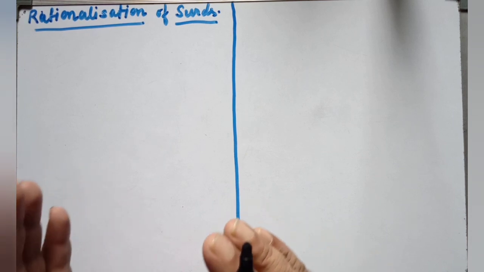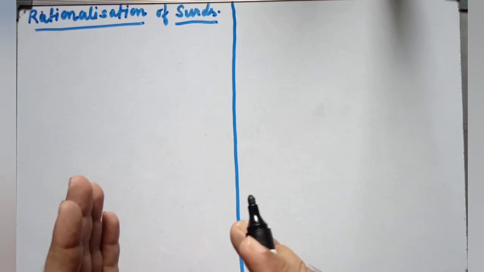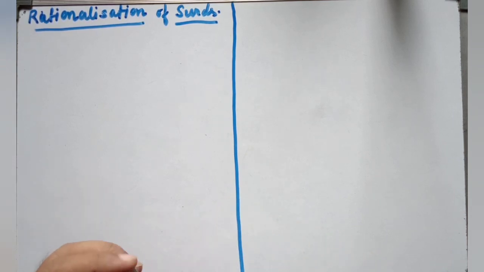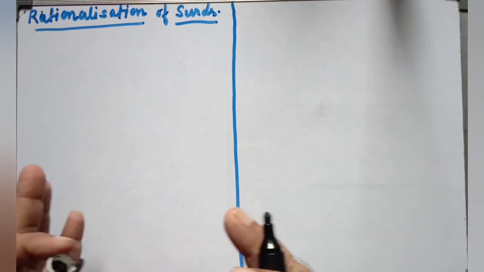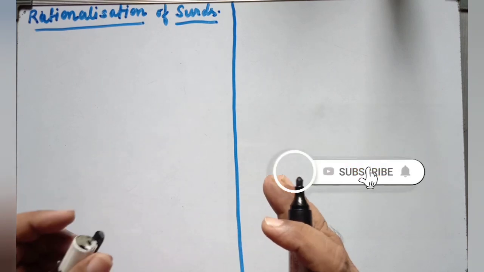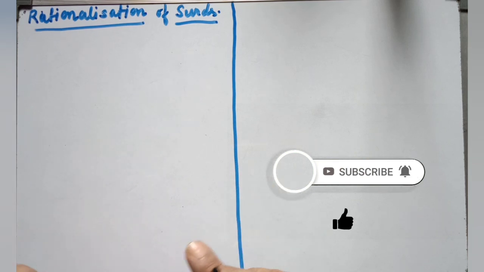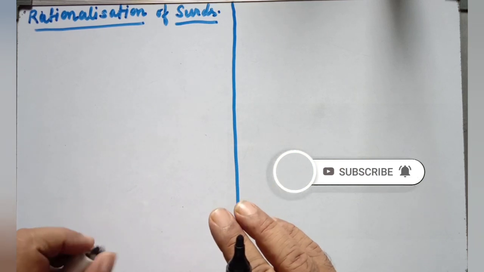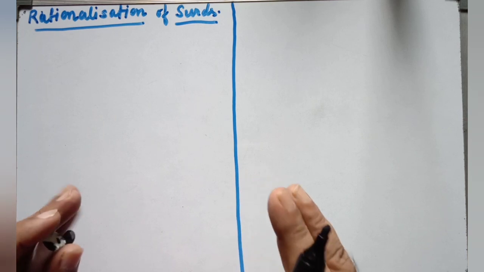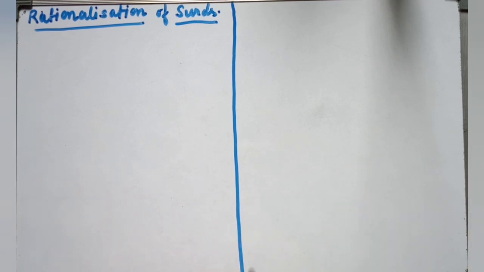So the process of multiplying a surd by another surd to get a rational number is called rationalization of surds. Each of these surds is called the rationalizing factor of the other.